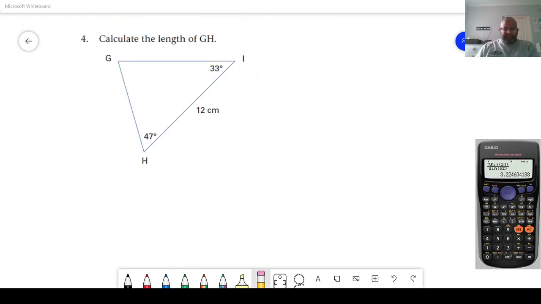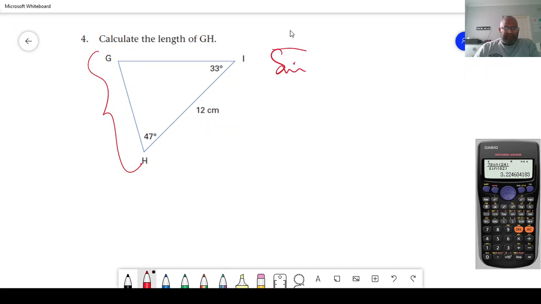Okay, so now we're looking at number 4 of exercise 10.3. The question says calculate the length of GH. So GH is this length here. So again we say sine.